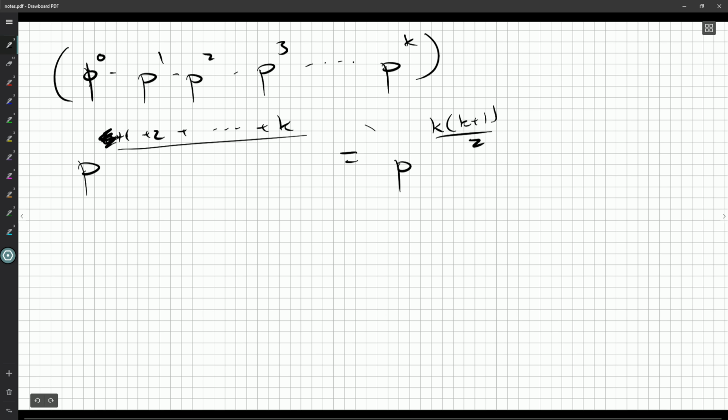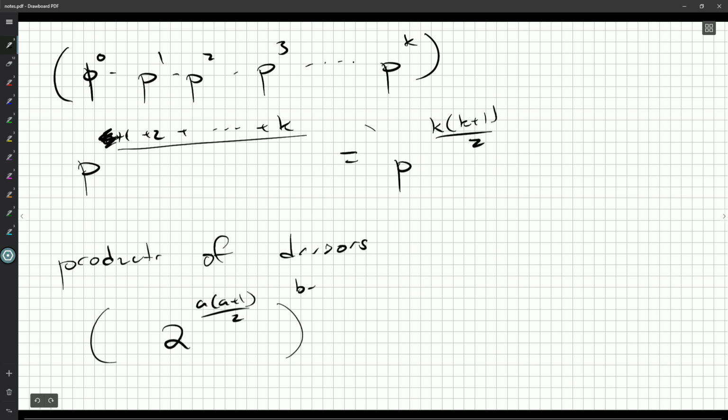Okay? So now my product of divisors looks like, so the powers of 2 all the way up to what? 2 to the A. So that'll be A times A plus 1 all over 2. And that got raised to the B plus 1.